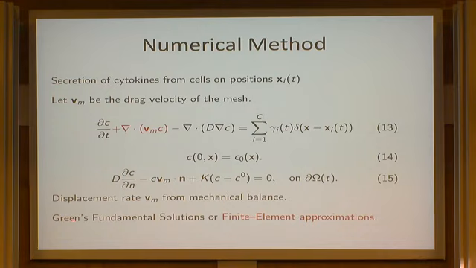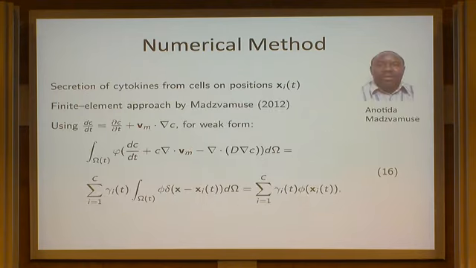We either use Green's fundamental solutions. The advantage of these solutions is that you are only required to calculate the solutions at specific points where you want them. So that's nice. On the other hand, they can only be applied for very idealized circumstances. So we also use finite element simulations to tackle the real world. So we want to be realistic as well. And so I will predominantly speak about finite element simulations later on.